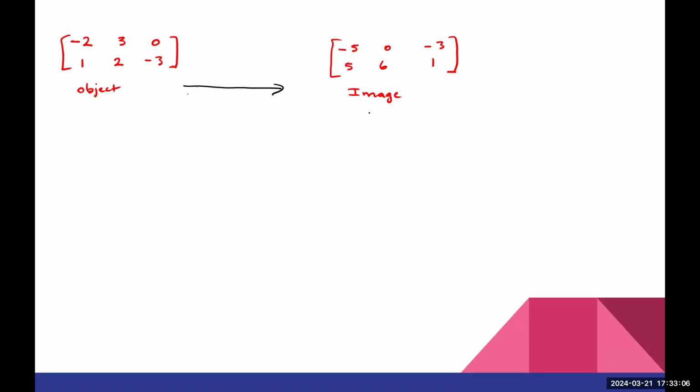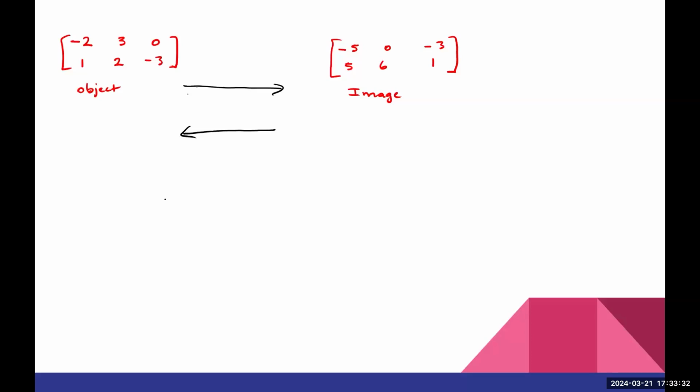Yes, sir. All right, so now if we want to move from the image to the object, because we don't know what the translation is, what operation would we do? You will subtract the object from the image to get the translation. Yes. So we would need to subtract the object from the image.